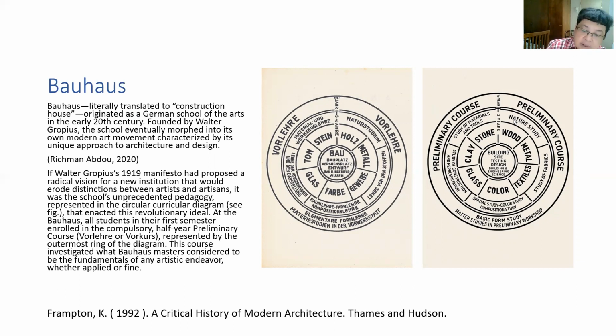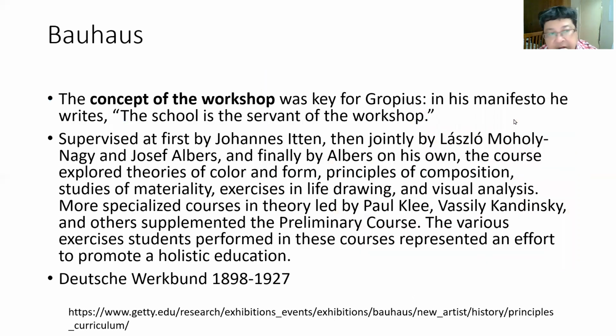And that was interesting about the Bauhaus, where the concept of the workshop was key in what Gropius said in his manifesto, because the Bauhaus school is the servant of the workshop.